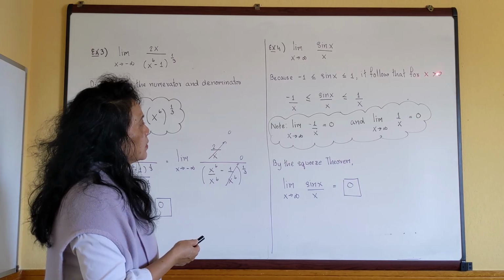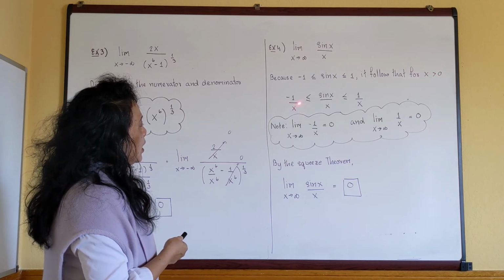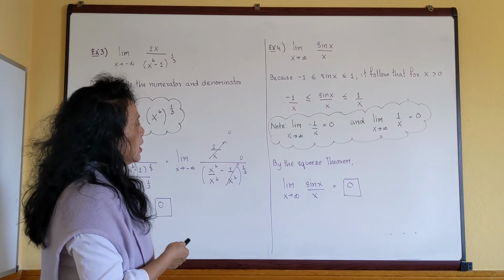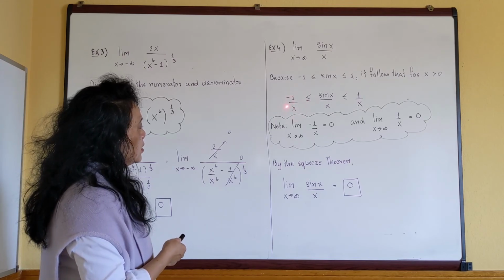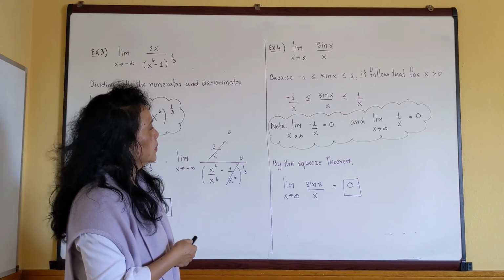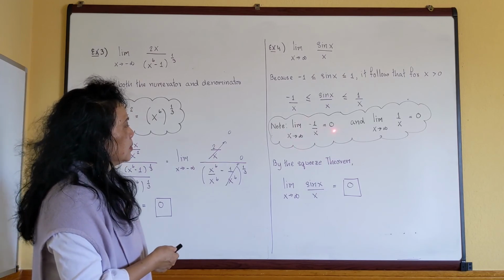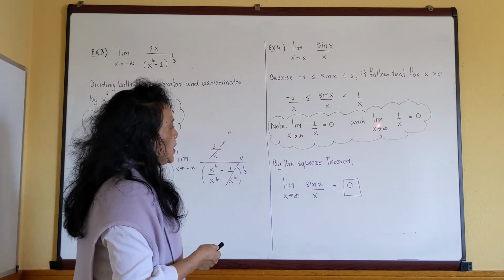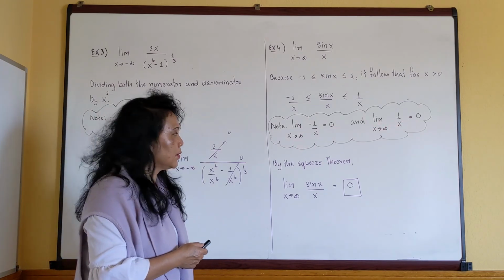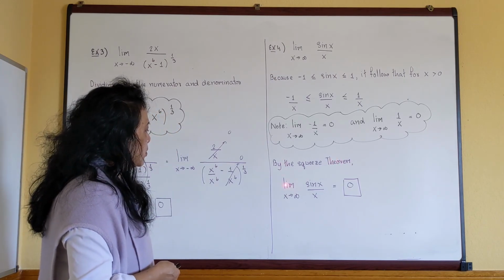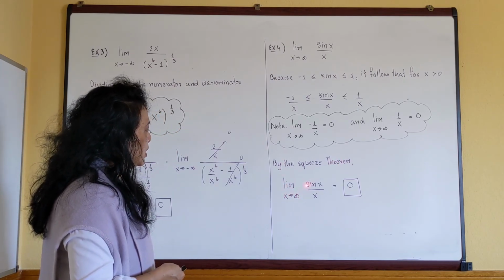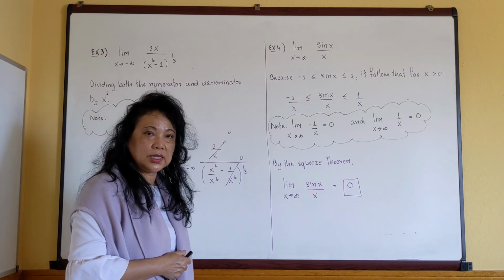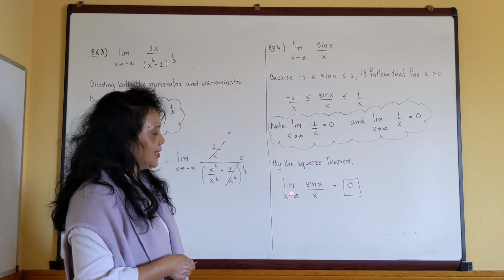And if I have x greater than 0, I divide every single term by x. And then I take limit for the first term and the third term. The limit of the first term is equal to 0. The limit of the second term is also 0. And by the squeeze theorem, limit as x goes to infinity, sine of x over x is equal to 0. You can memorize this.